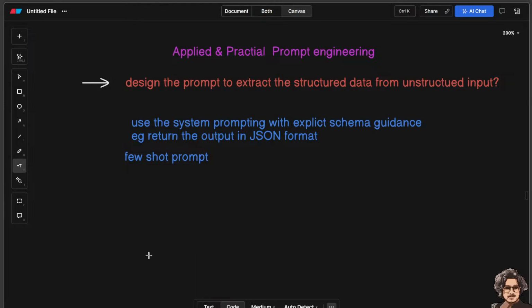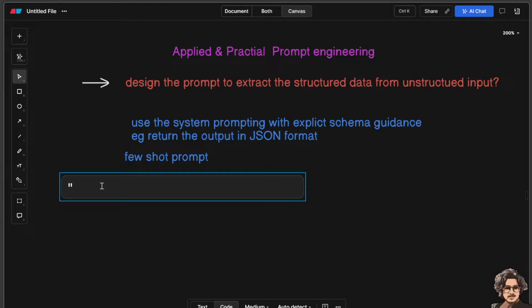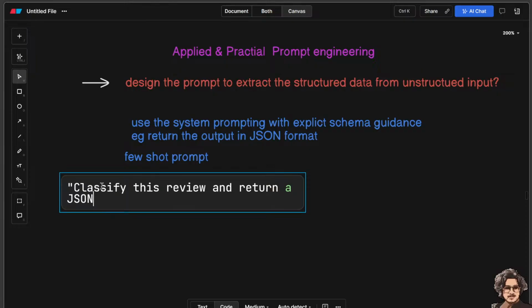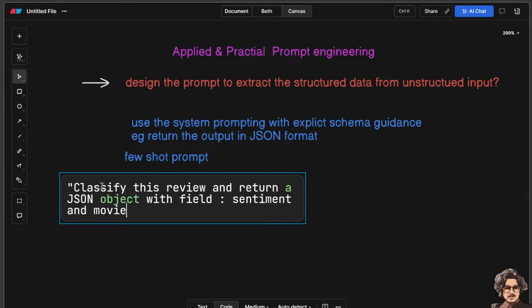I have to write it in this form: classify this review and return a JSON object with the fields sentiment and movie name.